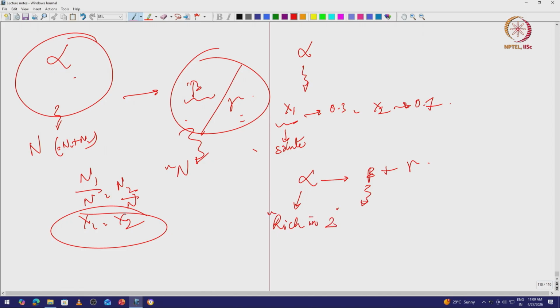Beta is a phase that turns out to be rich in 1. So, beta has 0.6 of 1 and 0.4 of 2. And gamma is another phase. So, what does this phase transition mean?